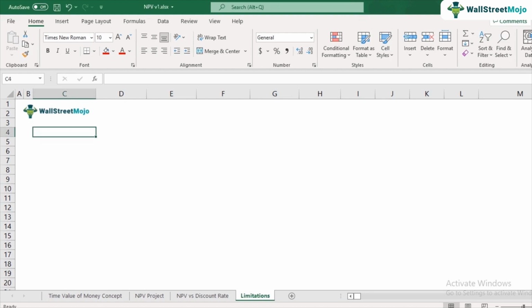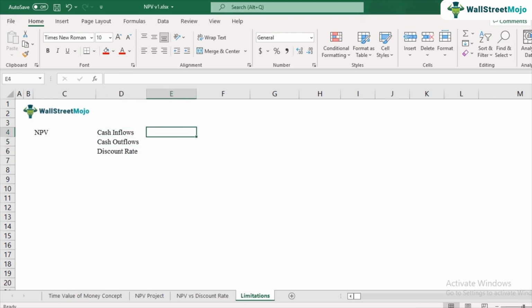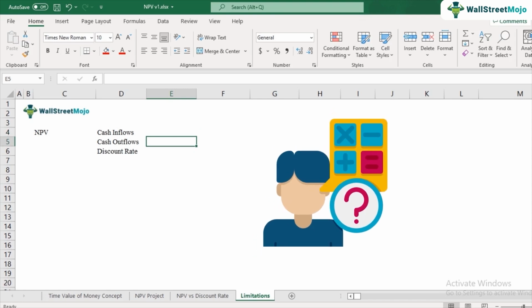Now, the limitations of NPV can be fairly understood with the help of the formula that we learned. So the formula had various inputs like the cash inflows, the cash outflows, and the discount rates, right? Basically we require these 3 inputs for calculating NPV. Now, if you look at all these 3 inputs, the common factor is that all of these are assumption-based or estimates.